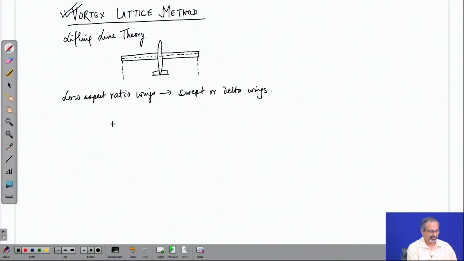So, let us make a simple sketch to explain how we do the numerical modeling.